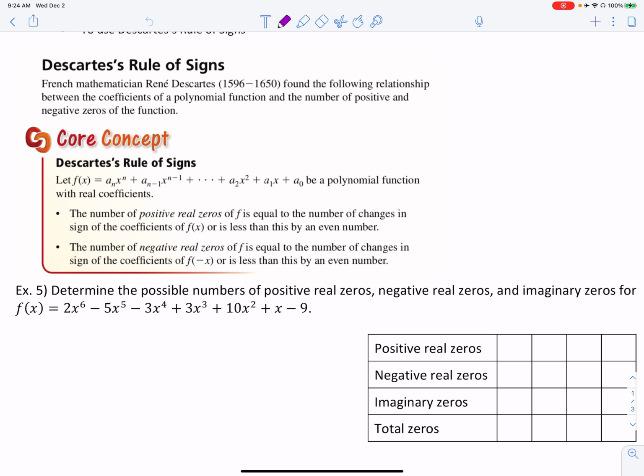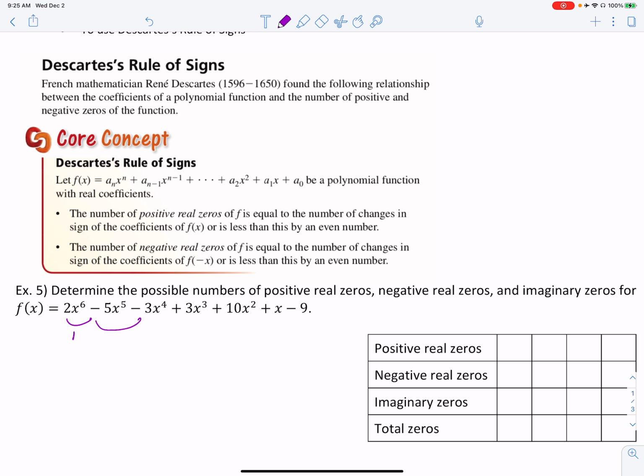What you do on this is the first coefficient is positive, the second coefficient is negative, so that's one sign change. And then from -5 to -3, that's not a sign change because it's still negative.